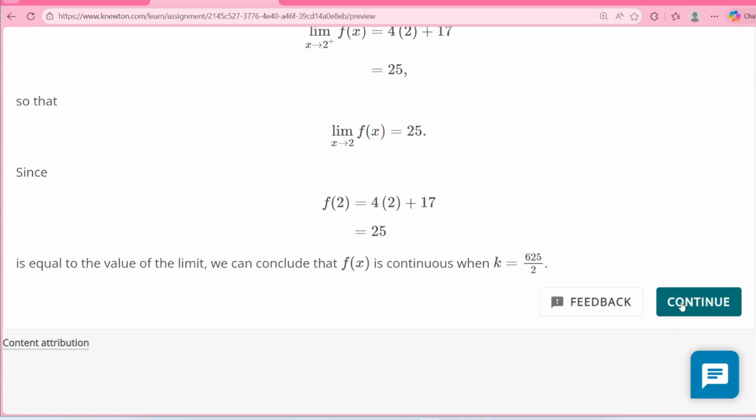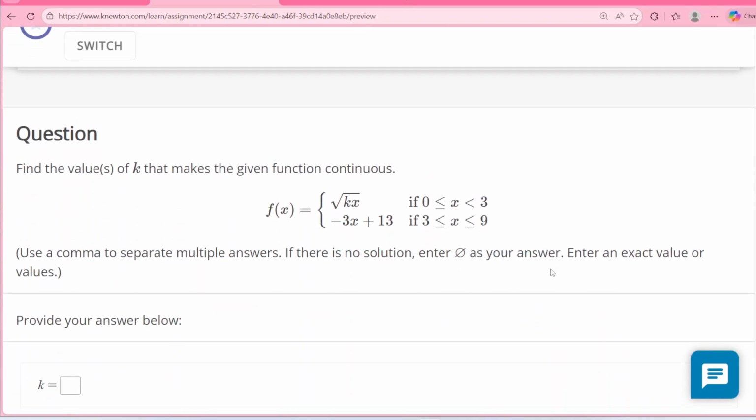All right, so this is pretty similar to the last example, so I'm not going to write this one out. I'll just say what I'm doing. So this is a square root of kx on the top, negative 3x plus 13.